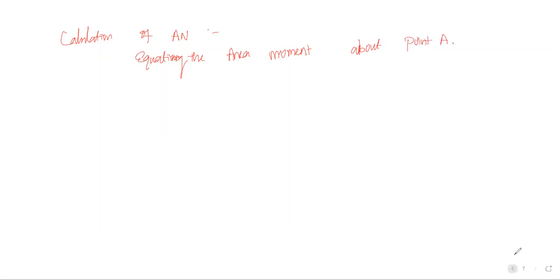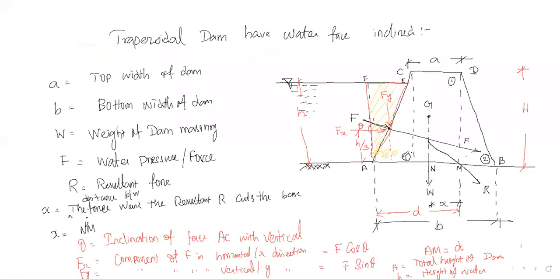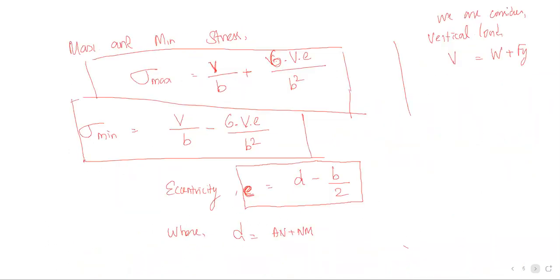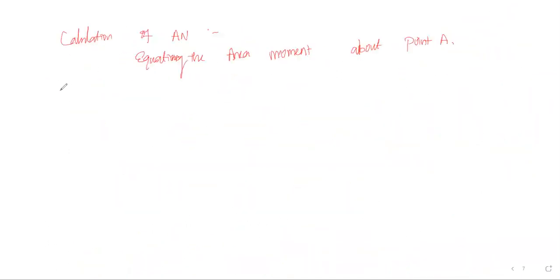As I already said, I can have three things: one is the triangular portion, another one is rectangular, and another one is a triangle. So these three area moments with respect to point A, I'm going to equate to the total area of the entire dam.